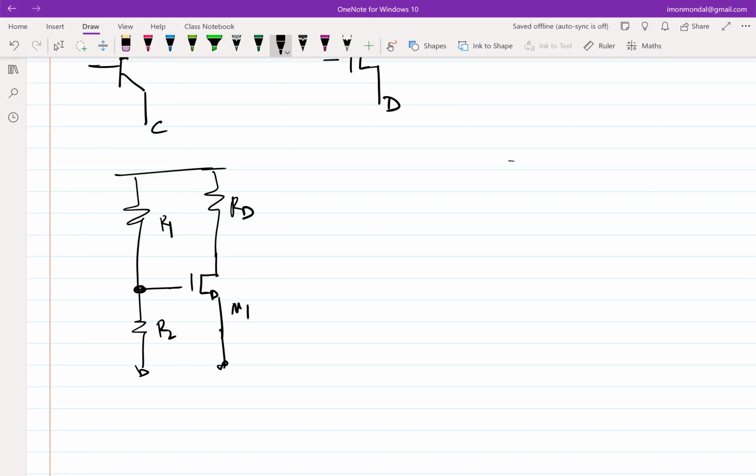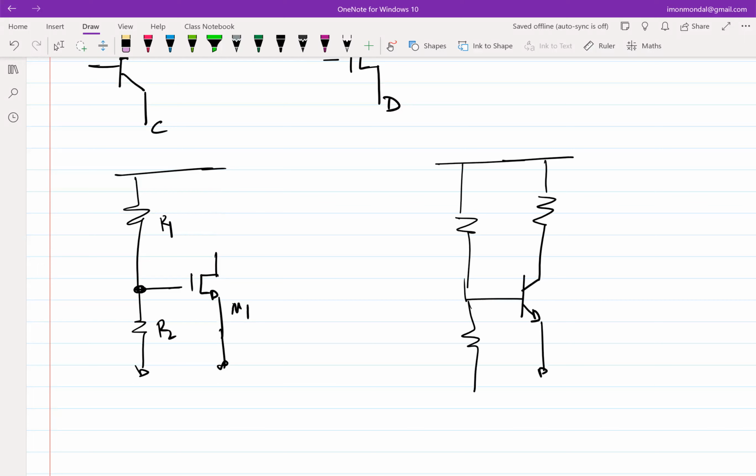In case of a BJT, we can also plan to do this. Let's not put this RD just for the biasing, we don't need the RD. We can simply connect it to a higher supply.